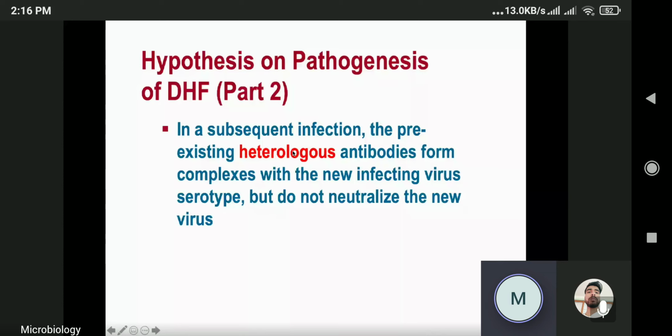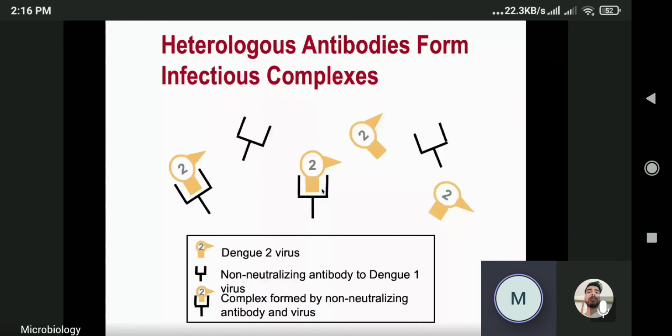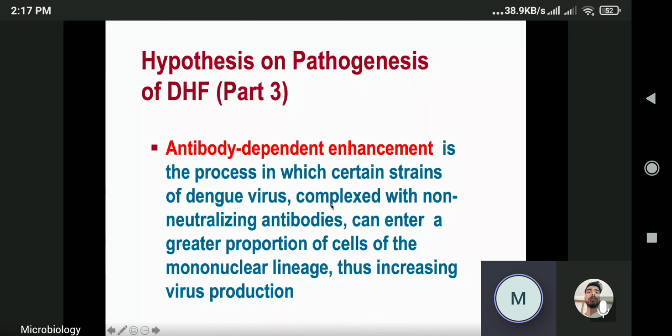That means they will not protect. Okay, right? This is the main point. And this antibody, which is not protective, enhances the excessive production of cytokines.